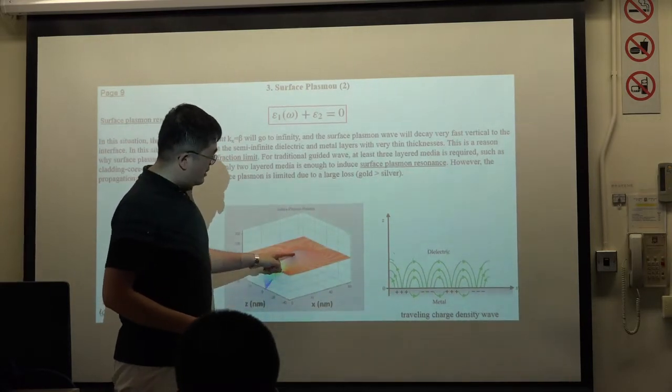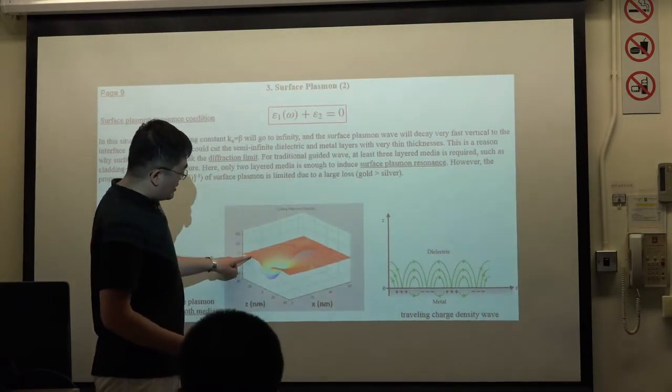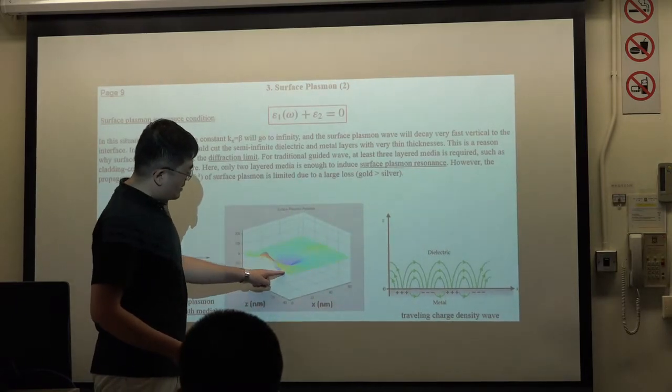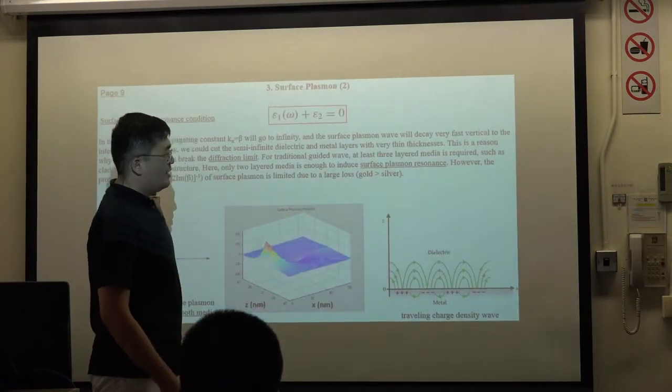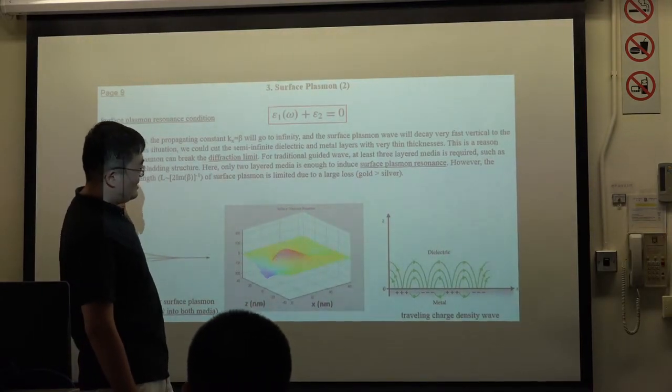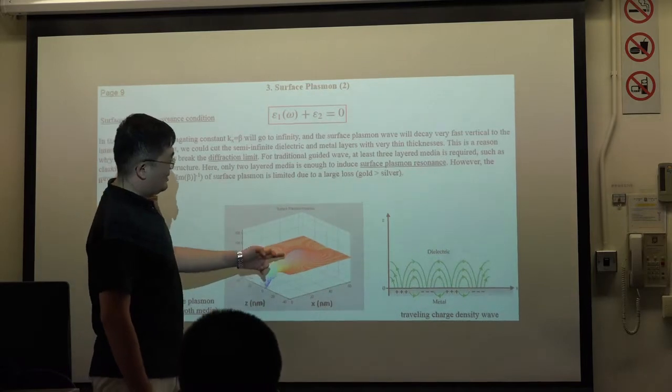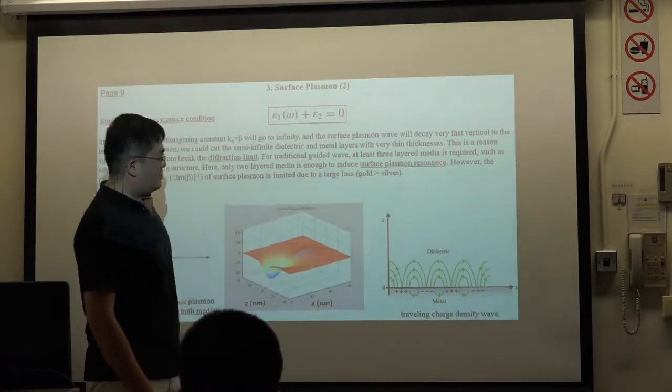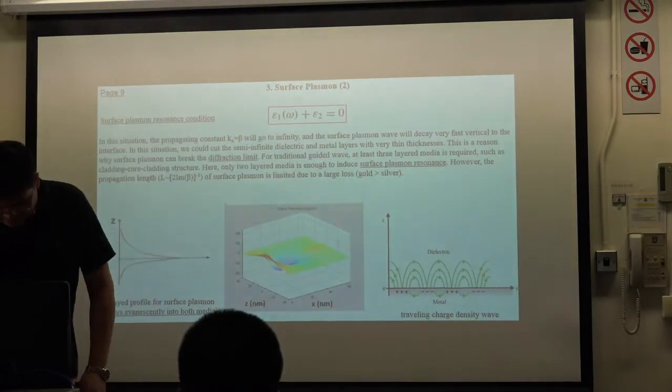It propagates and decays. But along this direction it also decays, and along this direction also decays. This is the physical picture. I drew this, and you can see it propagates and also decays along this direction.